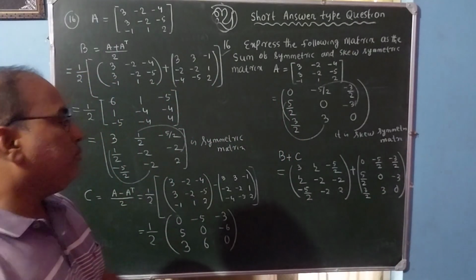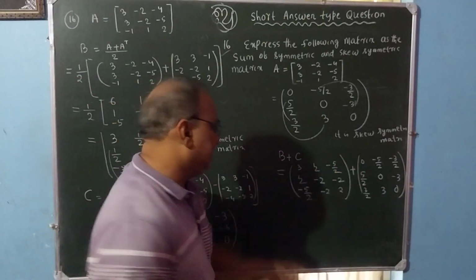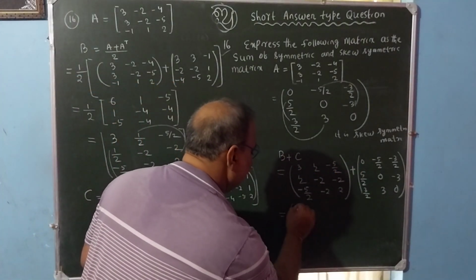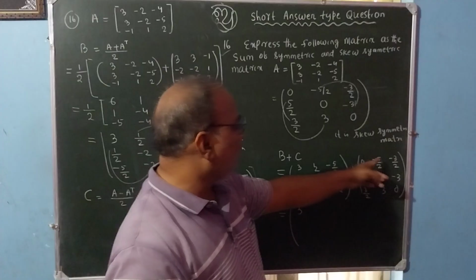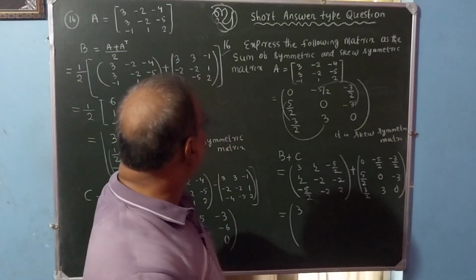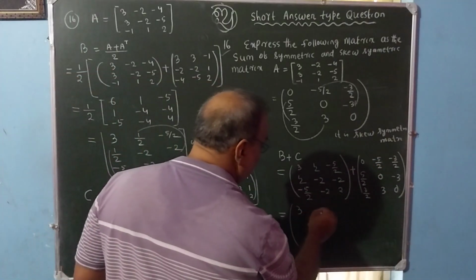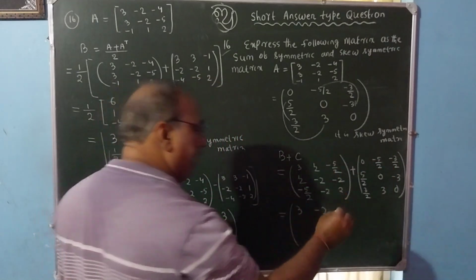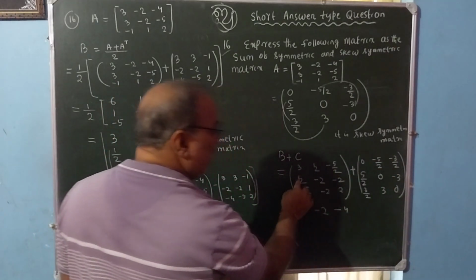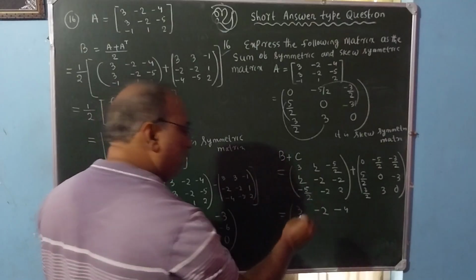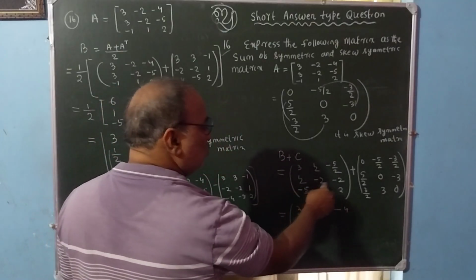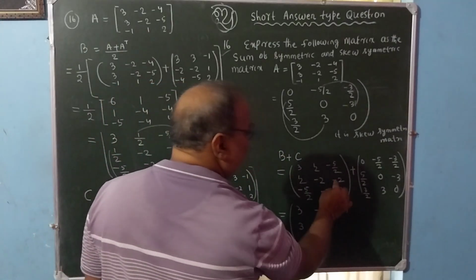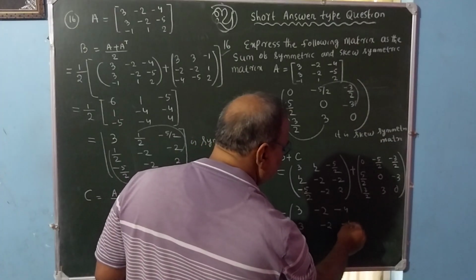Okay, now we have to add this plus this. That is 3, 1/2 minus 5/2 minus 4/2, that is -2 after adding. Minus 5/2 minus 3/2, minus 8/2, that is -4. 1/2 plus 5/2, 6/2, it is 3. Minus 2, here it is minus 2. Minus 2 minus 3, that is -5.